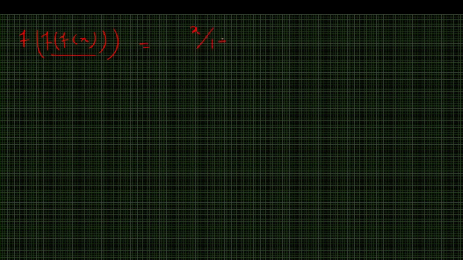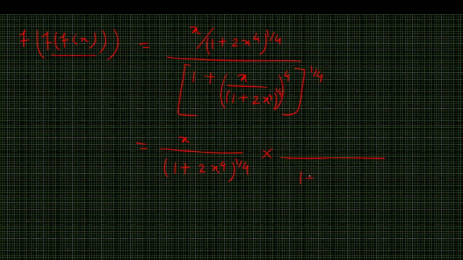So f(f(f(x))) is equal to x upon (1 + 2x^4) bracket to the power 1/4. In the denominator, 1 + (x upon (1 + 2x^4)^(1/4))^4 bracket to the power 1/4. Let's simplify this step. Similarly, like the previous step, we will get x upon (1 + x^4 + 2x^4).